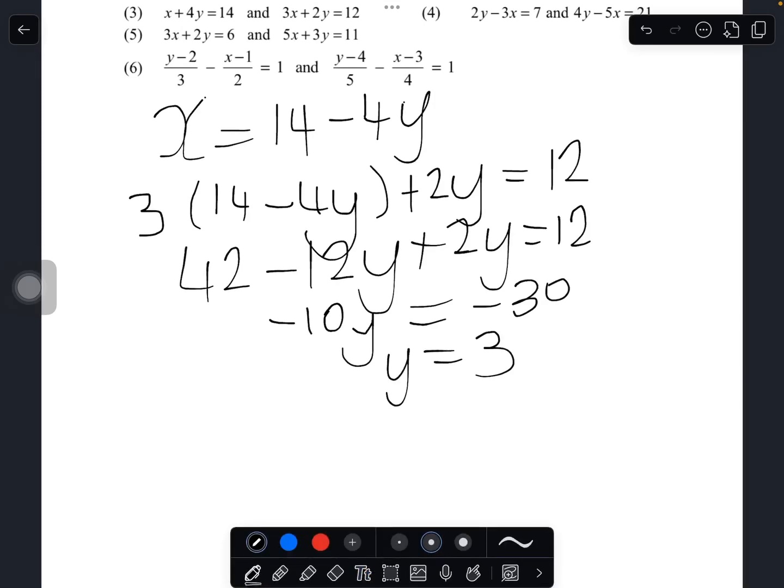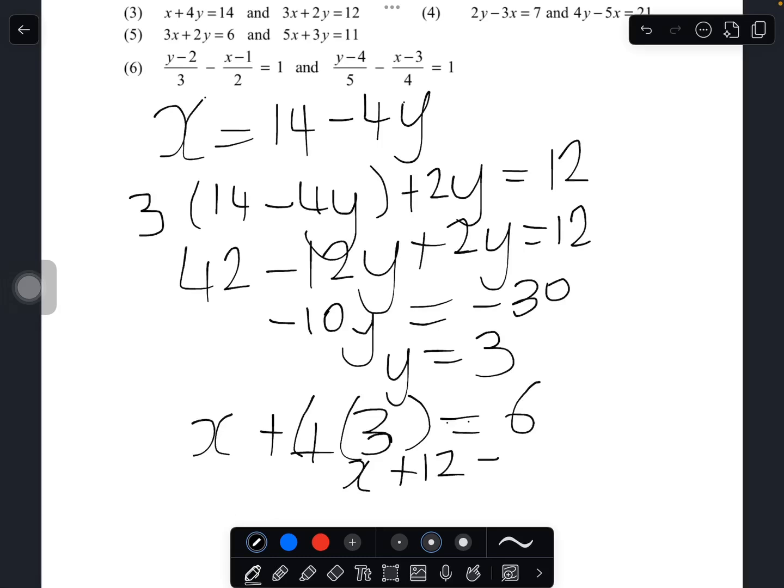So now I just take the same y value, put it into one of the equations. I get x plus 4 into 3, and then it's going to equal 6. So I have x plus 12 equals 6.